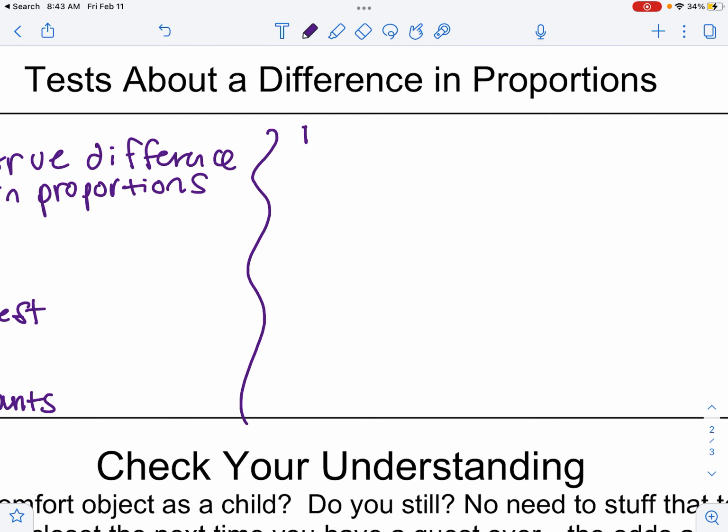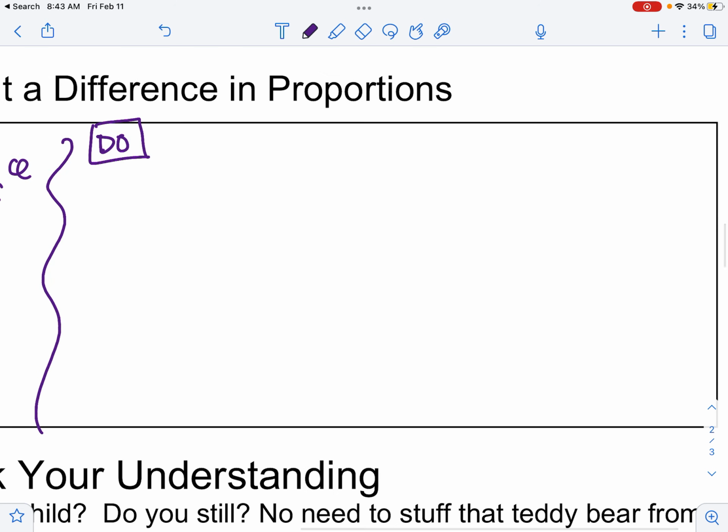Then the do. Our z-score formula is p hat 1 minus p hat 2 minus p1 minus p2 over the standard deviation.